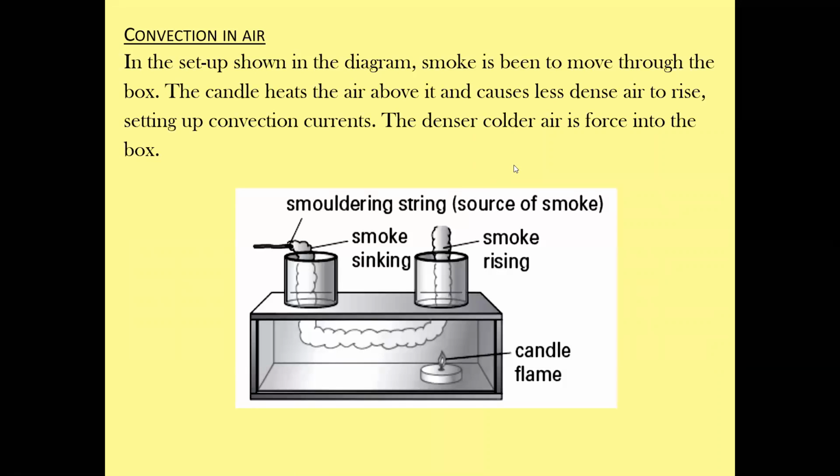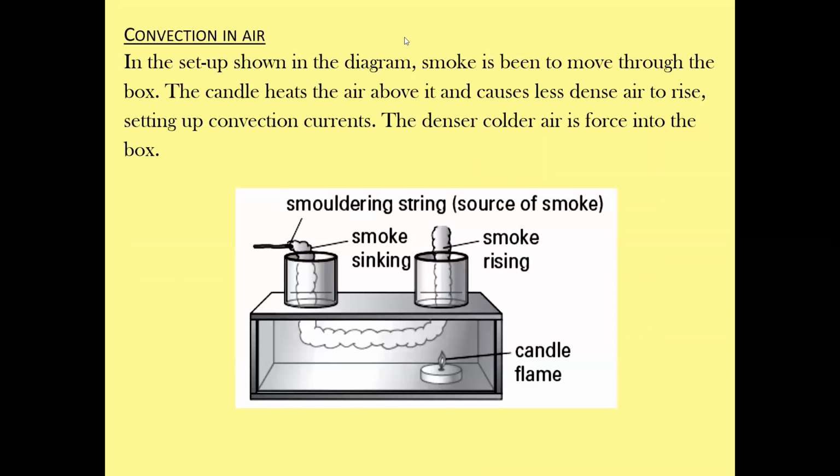And how does convection happen in air? We already discussed this. Now the everyday applications. In this case, you can see, for example, here you have a smoldering string, which is a source of smoke.